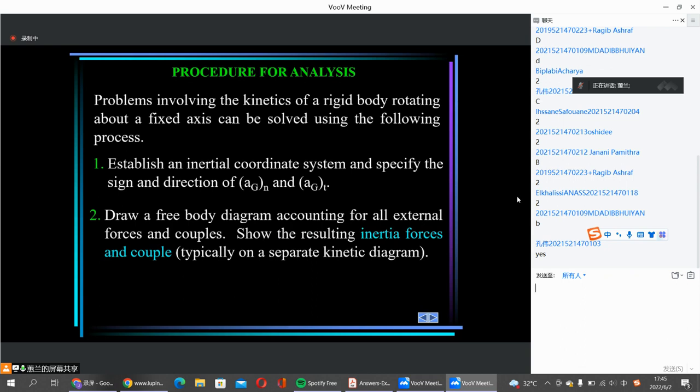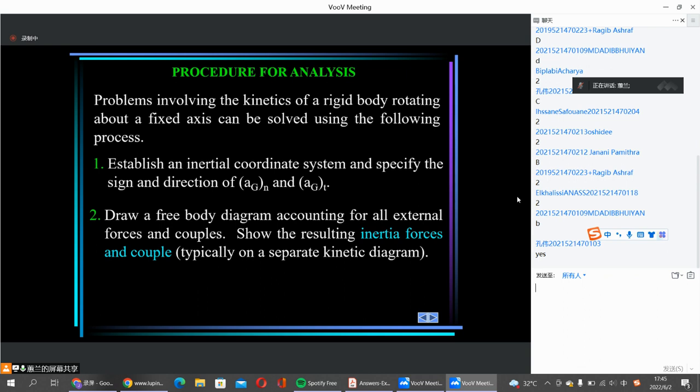After the coordinate system, everything will be calculated according to FBD and KD.